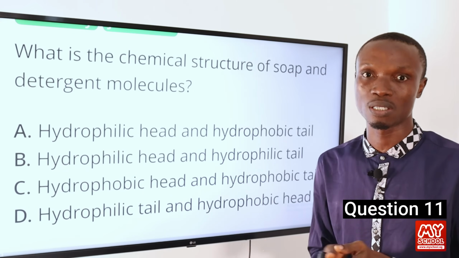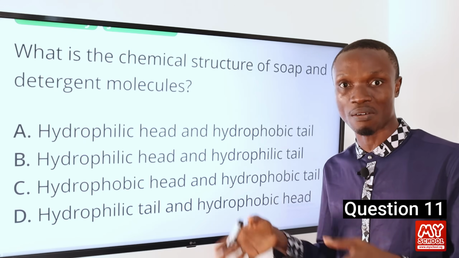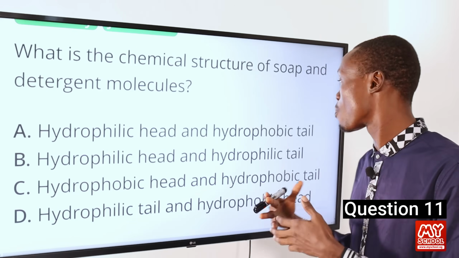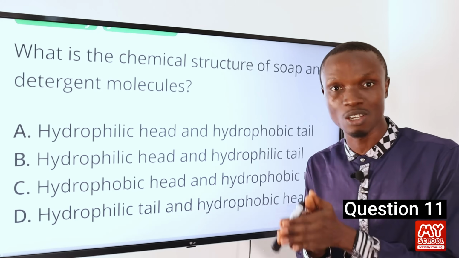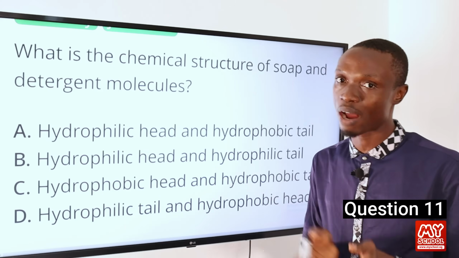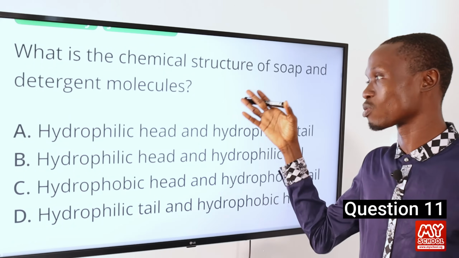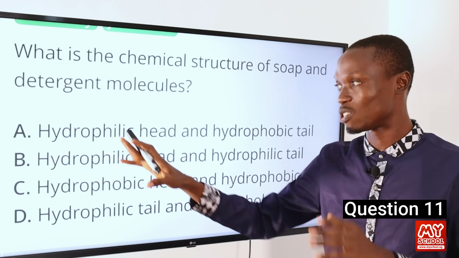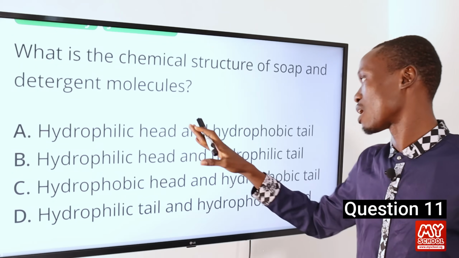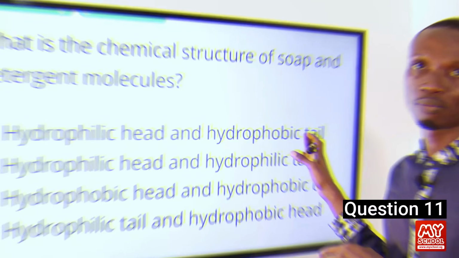What that means is that the hydrophilic head interacts with water molecules. The hydrophobic tail does not interact with water molecules, but rather interacts with grease and other stains. So the answer to this question is option A, and it's very obvious: hydrophilic head and hydrophobic tail.